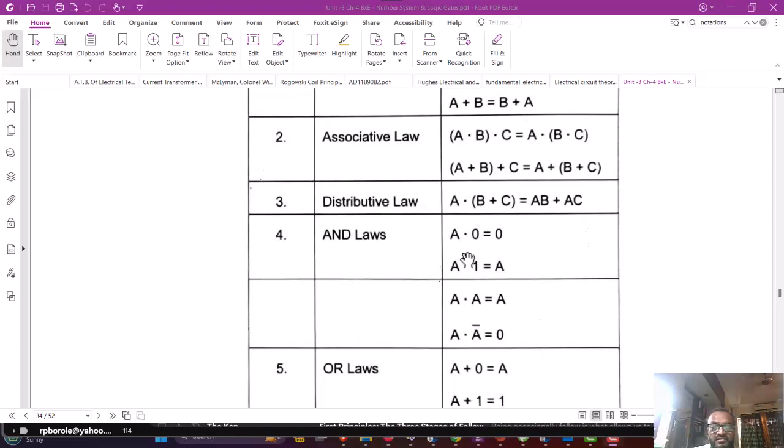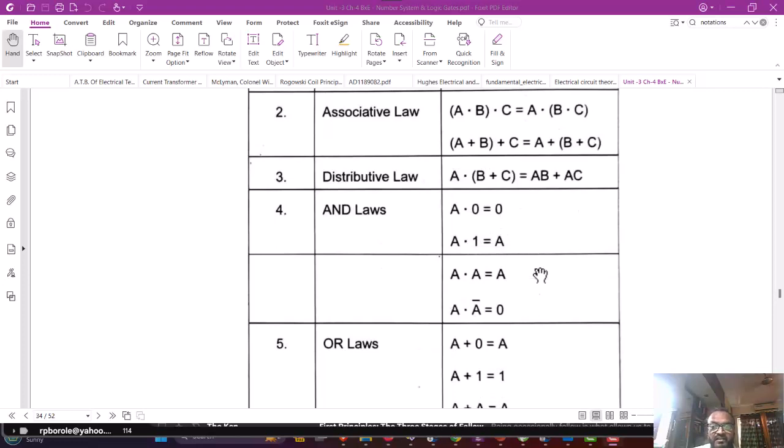The AND laws: A and 0 is 0, and A and 1 is A. A and A is A, and A and A bar is 0. It means a variable ANDed with its complement is always 0.